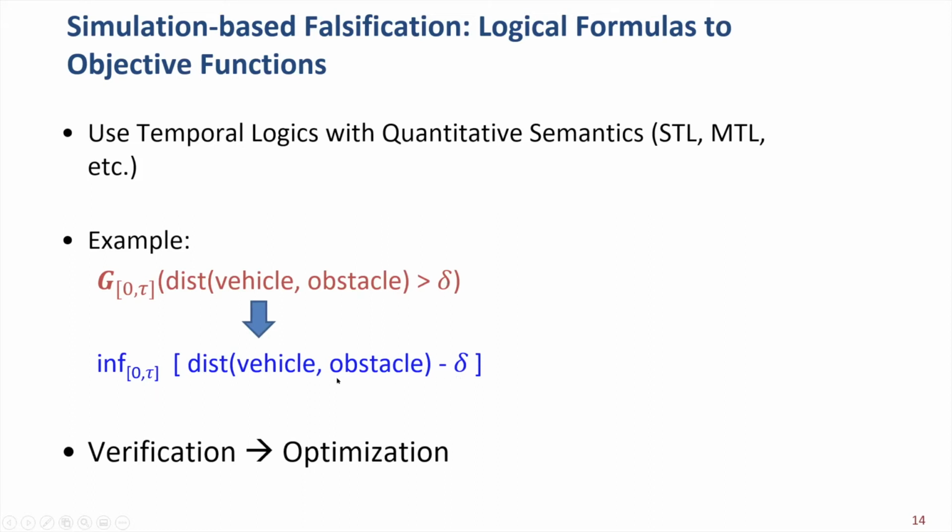So that becomes the inside term. And then the always is turned into an infimum over the time interval, right? So you're basically looking for the smallest value of the margin between the distance and delta. And that's the value of your cost function, right?